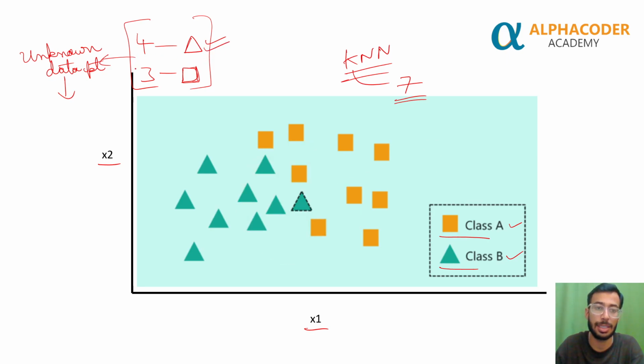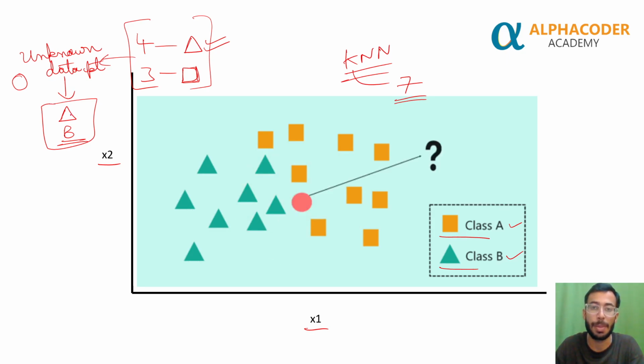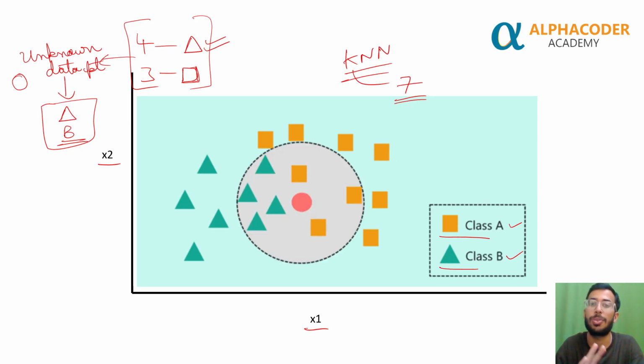The majority class is class B, or you can say the triangle. So it means that the unknown data point that is represented with the red circle in the start will be classified as triangle, as class B. So this data point will belong to class B. That is ultimately the total algorithm.